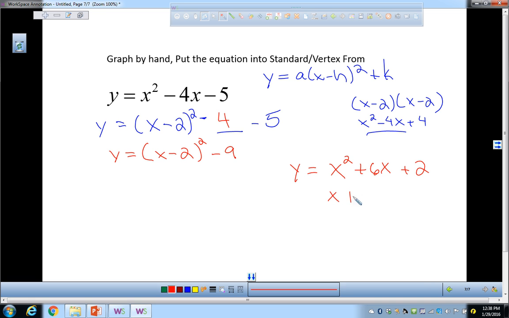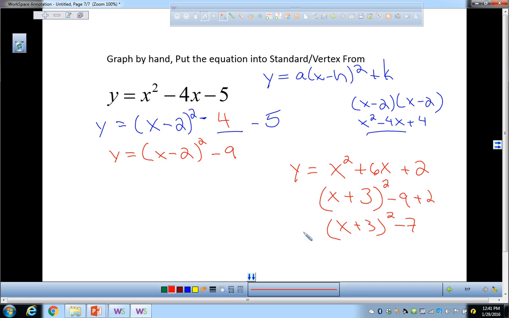X plus 3 squared. How much have I added to my equation? 9, so I need to take away that 9 plus 2. So this is x plus 3 squared minus 7. Do you follow what I did?